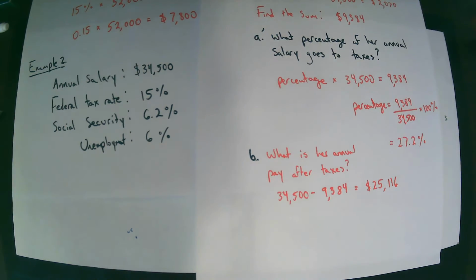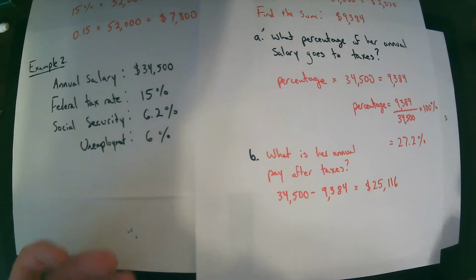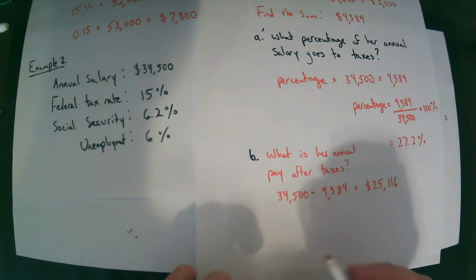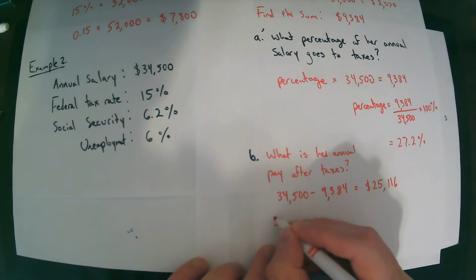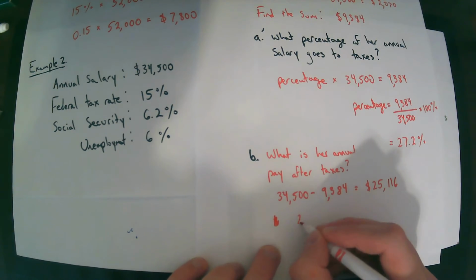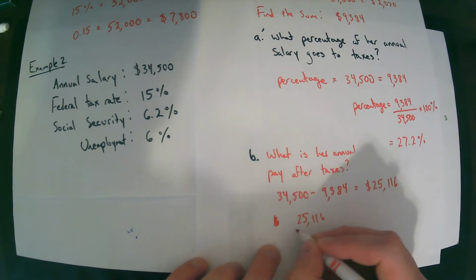$25,116. Okay, but part B is asking not her annual take-home pay, which is what we have right now, but her monthly take-home pay. So of course, what do we do to get from annual to monthly? You just divide by 12, right? I'll leave the dollar sign off while I'm doing the math with it.